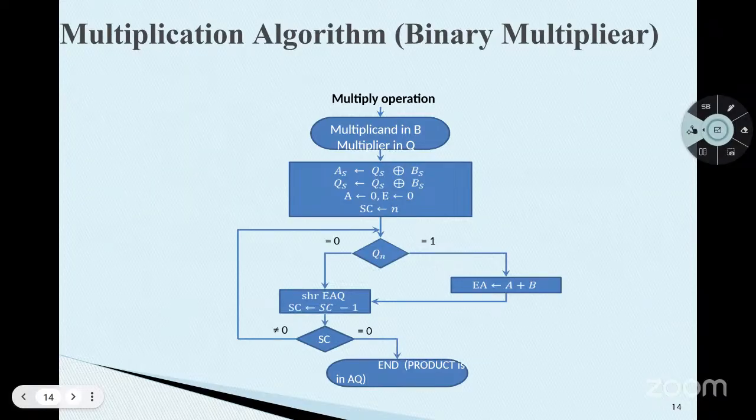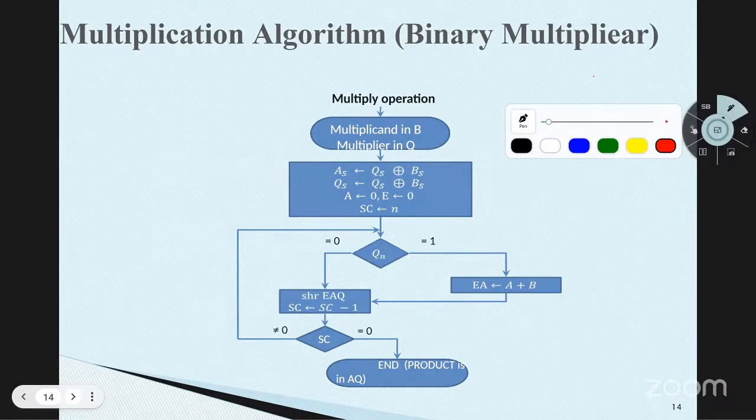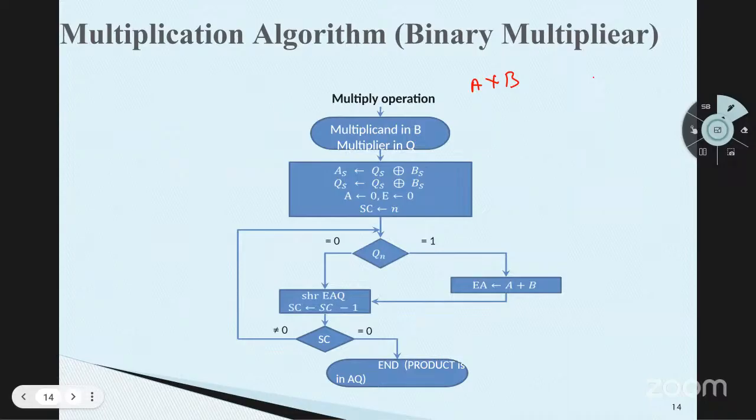Next, you can take multiplicand. A into B, A into B. So they are taking here, this one is multiplicand and this one is multiplier.